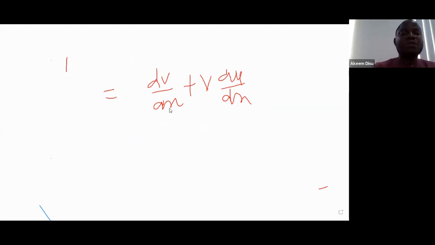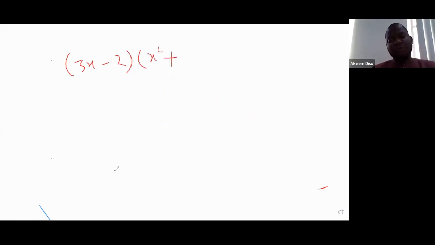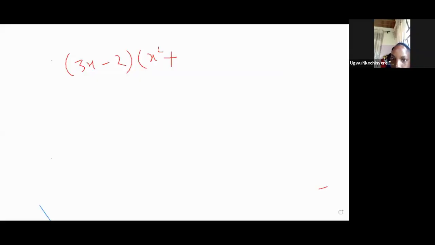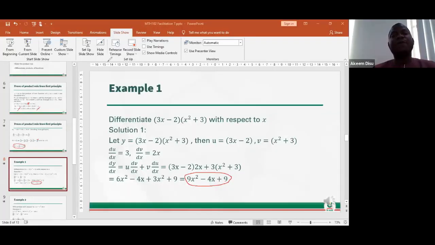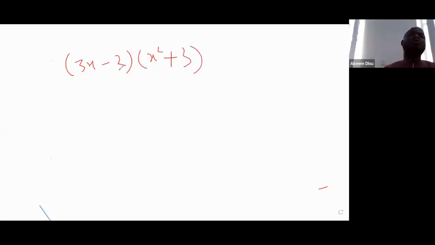The question is: differentiate (3x minus 2) bracket x squared plus what? Who can tell me? Plus 3. Close the bracket. Thank you.